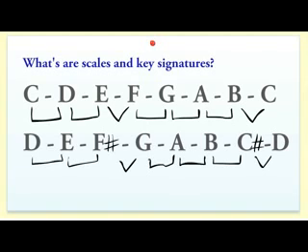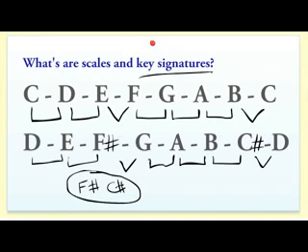Now, what is often done is we use key signatures. What's a key signature? Well, this is an abbreviated way of describing this scale. Since I know there's going to be one of each letter name, and I know that there's 2 sharps, I can just say that the key of D has this key signature right there.